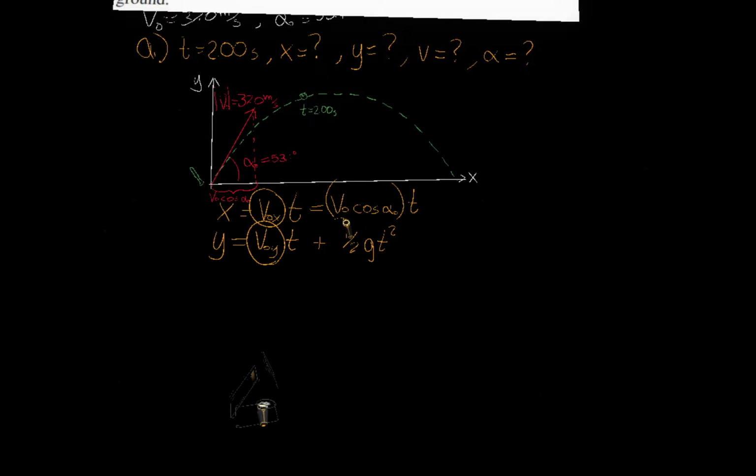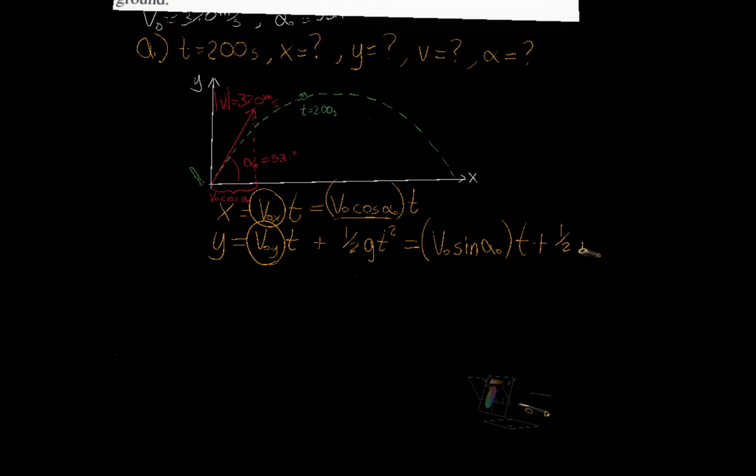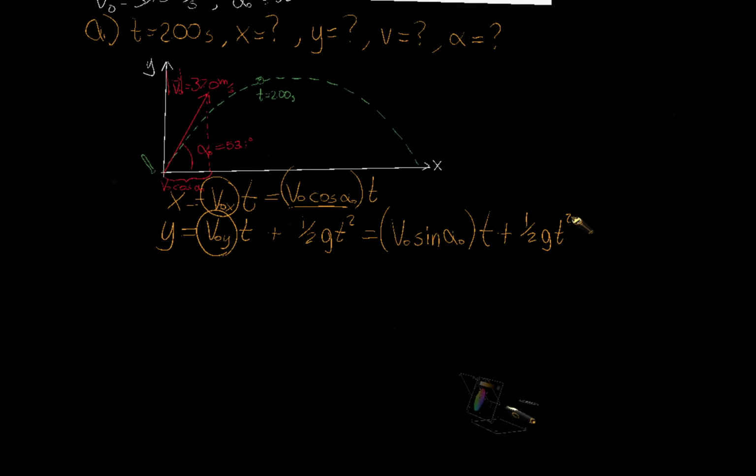And so, just like I expanded it, we can expand it, right? So v naught sine alpha naught times t plus that 1/2 g t squared. So these are the equations that will get us there. This is a very sloppy t next to the plus sign.